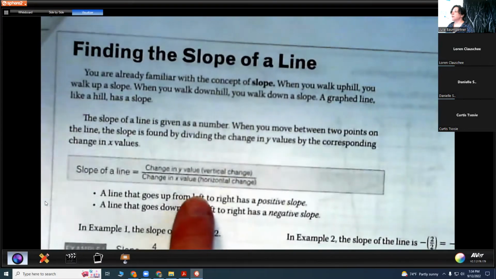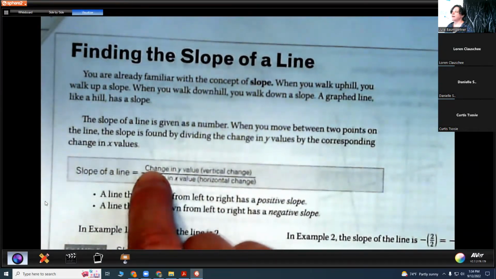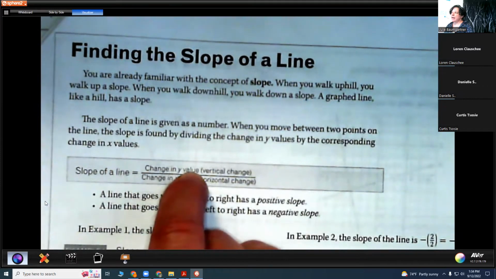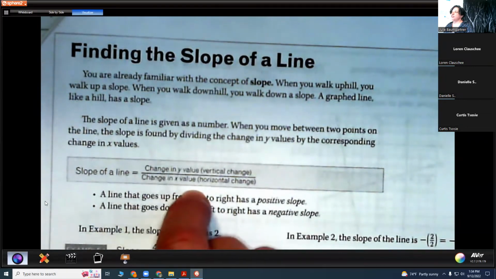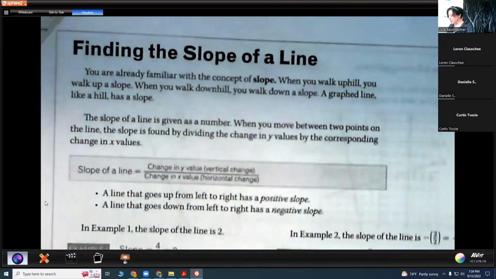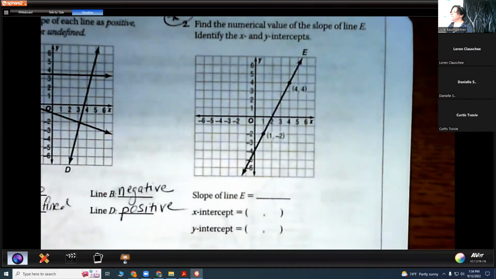So there is a formula that we're going to use to calculate it, but basically we're going to take the change in y. So we need to have 2 points to calculate that change. And then we're going to divide that by the change in x. Let me go get my pencil case so I can actually write, and then it'll be better. So just think of that for a second.